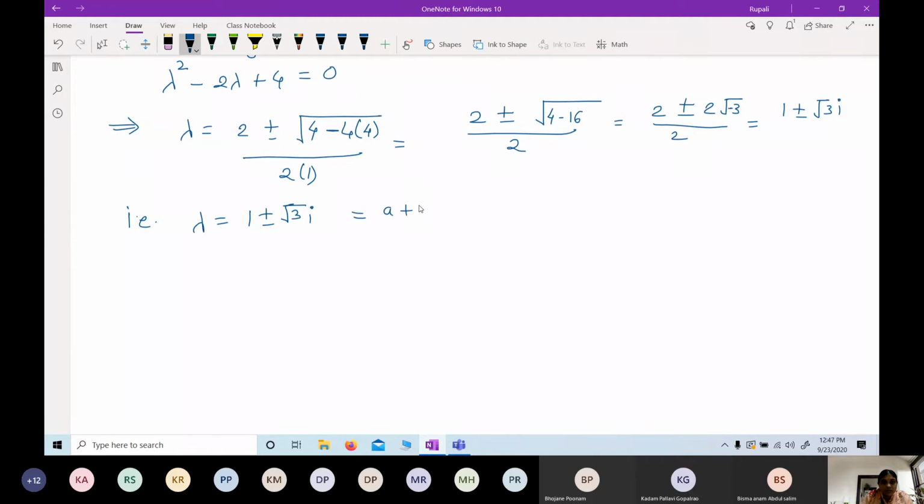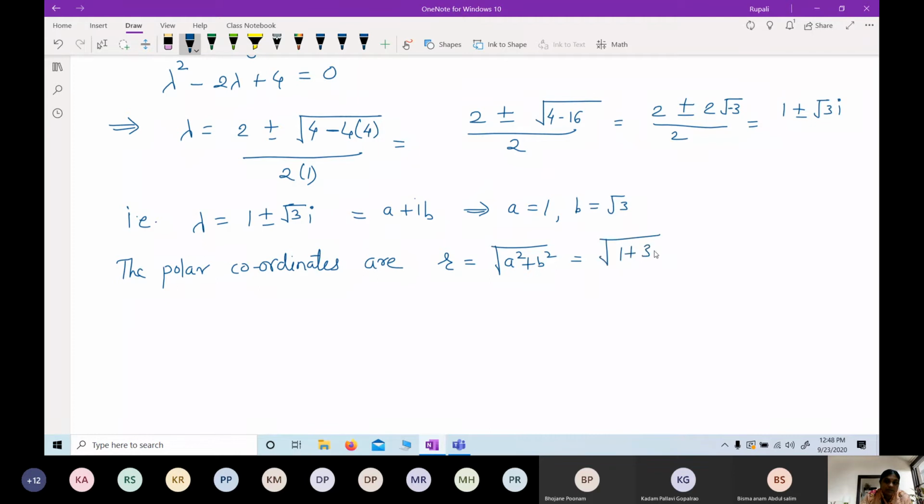So if it is equal to a plus ib, this implies a is nothing but 1 and b is nothing but root 3. Okay, so what is my polar form? The polar coordinates are r equal to under root a square plus b square, so it is 2.